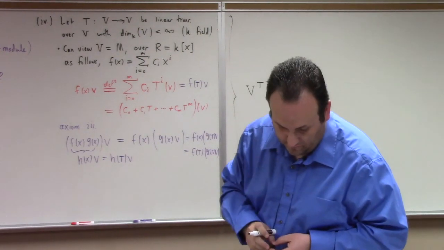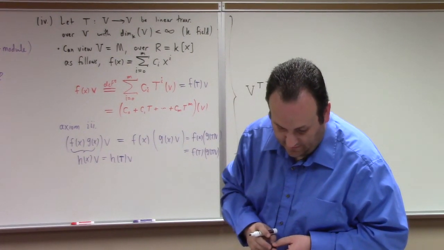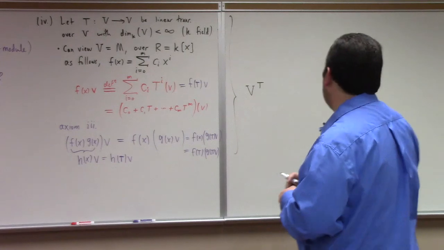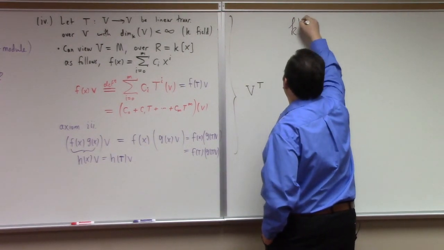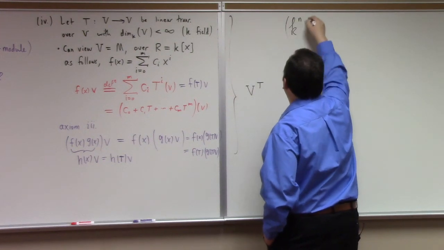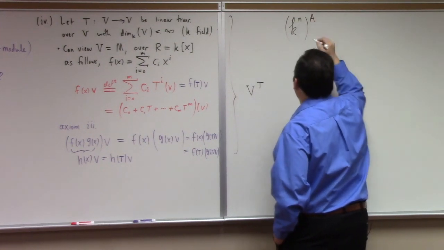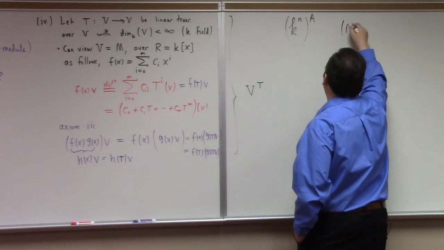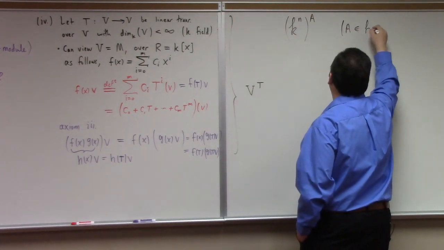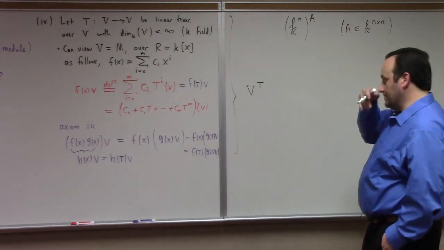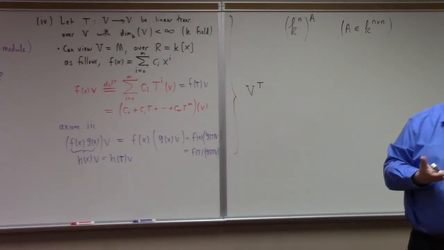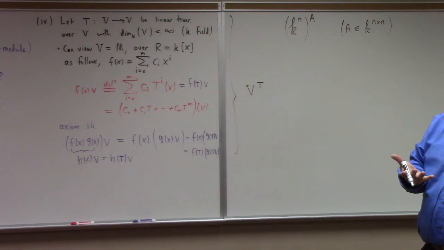Okay. And we can also talk about n-tuples over the field, with A here being an element of k^(n by n). This is very much related to our previous example.